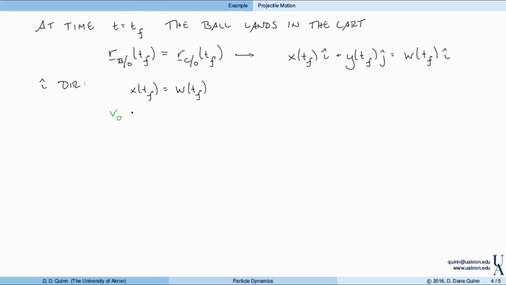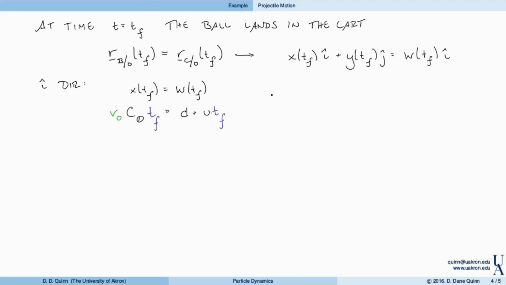V naught cosine of theta, and then I'm going to represent the final time in blue. That's also unknown. The position of the cart is d plus u times t final. Again, we're representing the final time in blue. So in blue and green, we see our two unknowns.